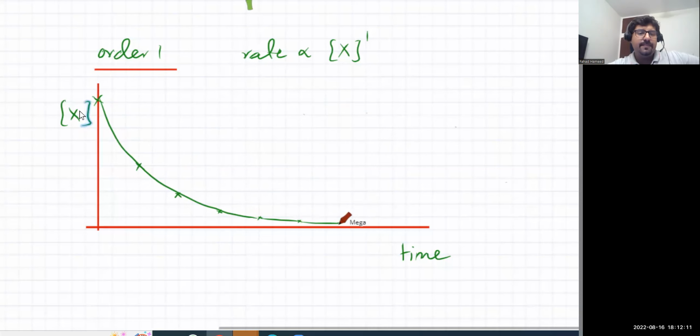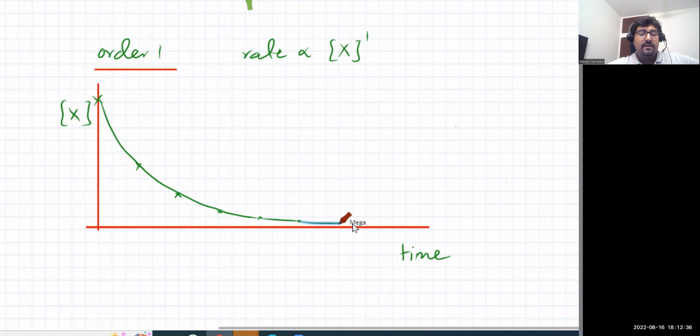What's happening is that as the concentration of X decreases, the reaction is very steep at the beginning. It's fast in the beginning, but as the concentration decreases, the reaction is slowing down. It's going to take a longer and longer time for the reaction to finish, right at the end. You must have noticed in that fizzy drink glass that the rate at which the bubbles are produced becomes slower and slower.